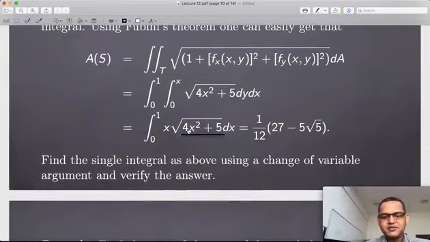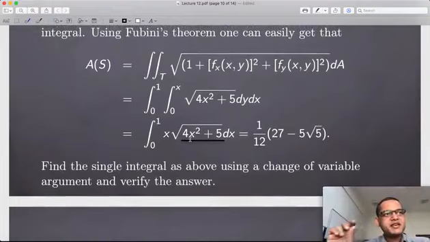One way is to make a change of variable, the method of substitution as in single integrals. But what I'm saying is you have to be careful and verify that the domain is such that you can make use of Fubini's theorem.